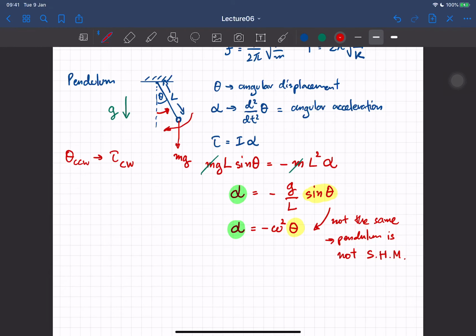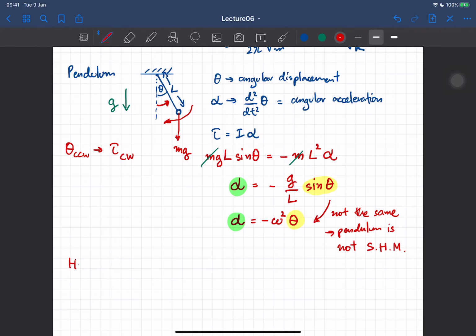However, in the case of small angle, if theta is small, and now you're going to debate, what do you mean by small? Well, that probably depends on your criteria. But roughly speaking, if it's less than or equal to something like 10 degrees, then sine of theta is approximately theta.